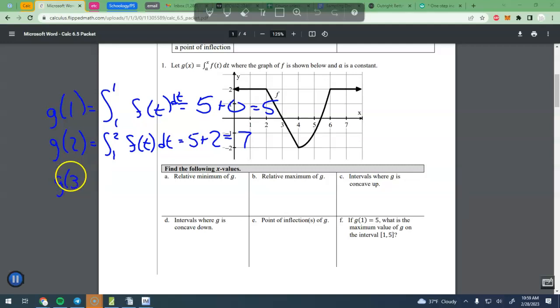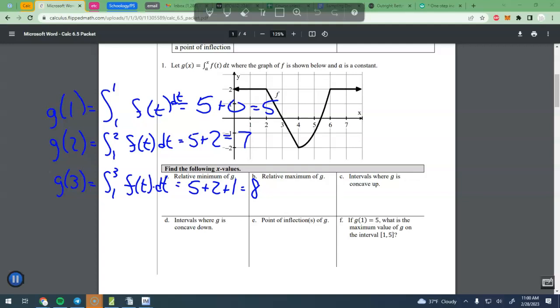So G of 3 would be from 1 to 3, and that'll be 5 plus 2 plus 1. So it's 8. Now, when I go to 4, am I going to be adding or subtracting to 8? I'm going to be subtracting. If I'm going to be subtracting, where did the maximum value happen?